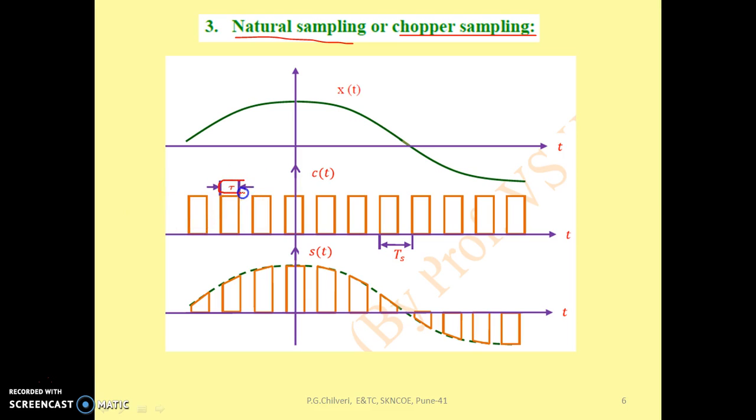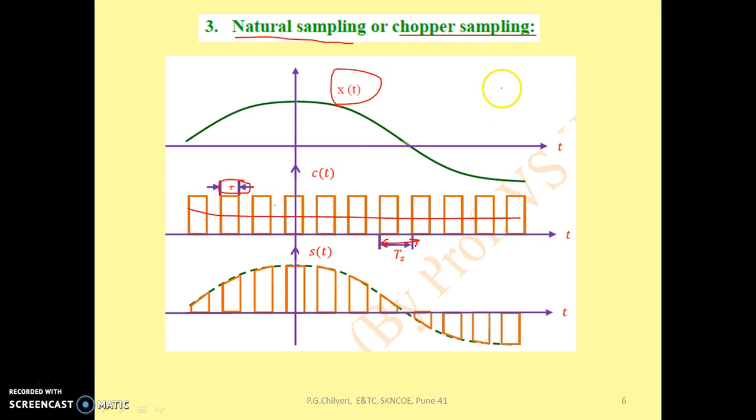The width is equal to tau, and the interval between two pulses is again Ts, which is the sampling interval, and it again satisfies the Nyquist criteria. So here the train of pulses is used to sample your input signal x of t.